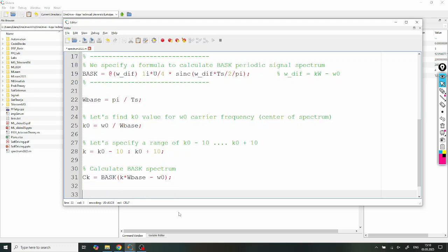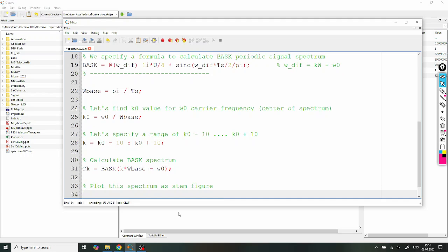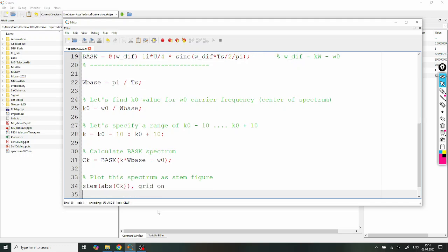So now let's actually, while we are at it, plot this as well. Plot this spectrum as stem figure. That's going to be, let's just for now say stem of absolute value of Ck, grid on, x label frequency harmonic, y label is magnitude.